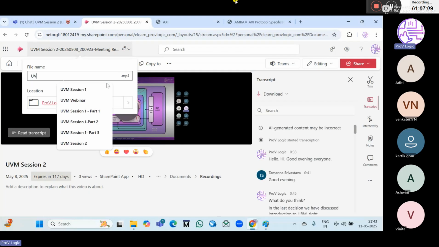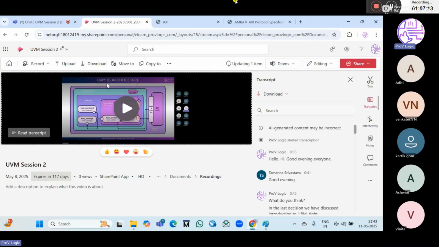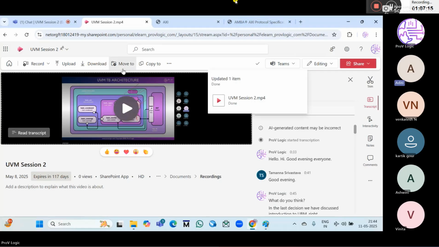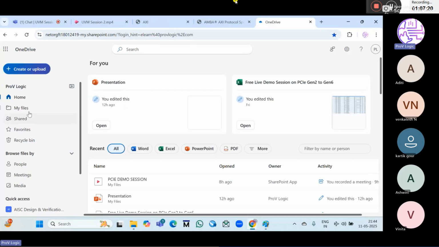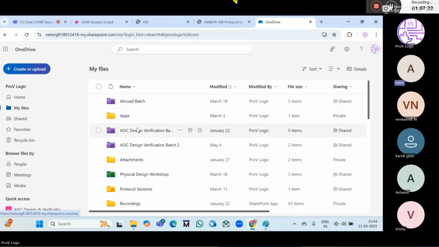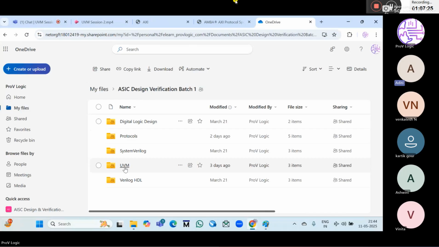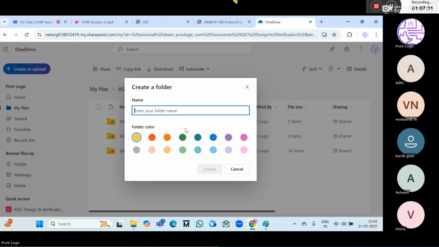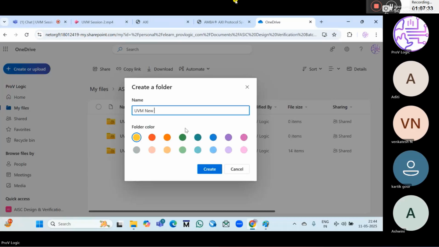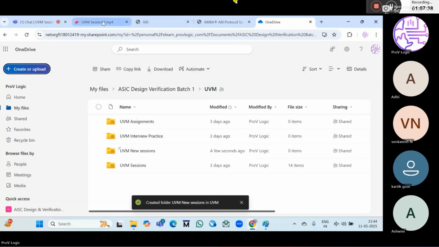Like these sessions and those sessions, you won't get confused? I already shared the UVM sessions, right? No, this is not UVM. This is actually the SystemVerilog testbench you described, that part. Okay, I will share.